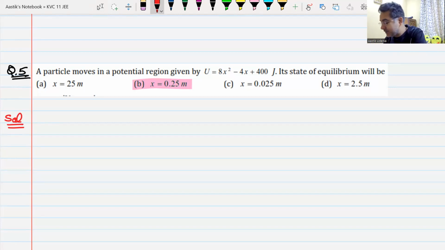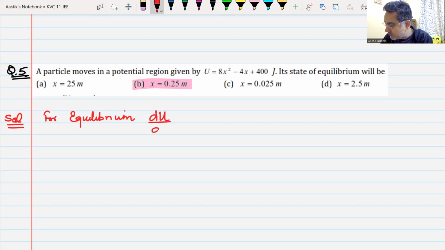Okay, let me try to find out. For equilibrium, the first thing that must be applicable is dU by dx is 0. Yes or no? So I differentiate this.